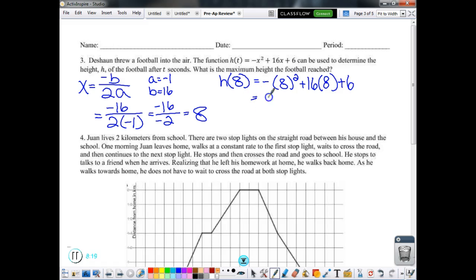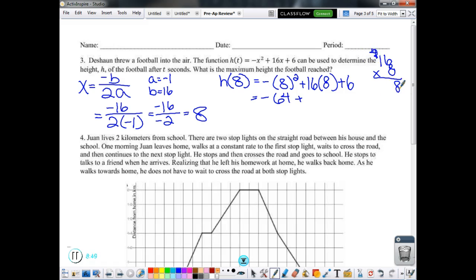So 8 squared is what? 64. And then you have to, okay, but some people don't know it. Okay? So if you have to do this, don't be embarrassed. I have to do it. I don't know what 16 times 8 is. Okay? 48, right?